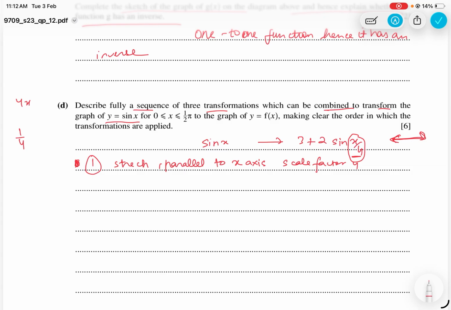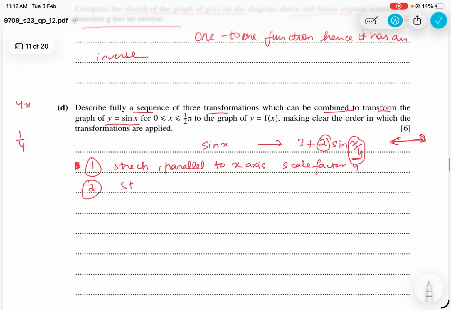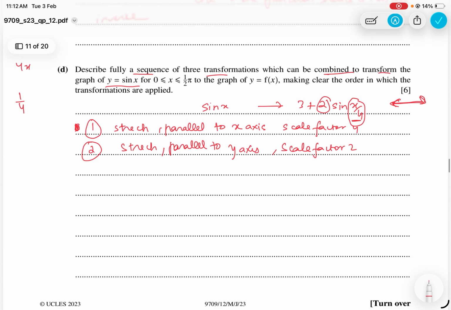Okay. Now, for the second one, we are multiplying by 2. That means we are stretching vertically. So next we are stretching parallel to the y-axis with scale factor 2. And after that we are adding 3.